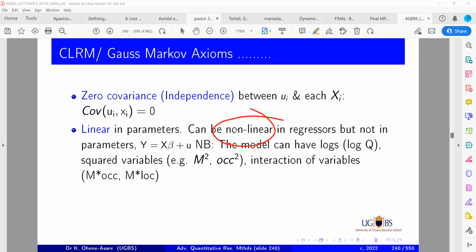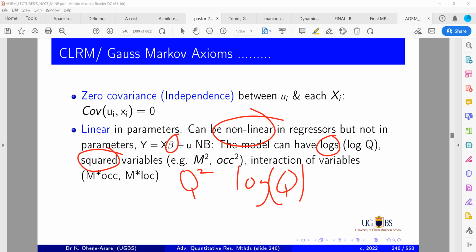But the beta parameters, because there's a beta that defines the slope of each regressor, must be linear. But please note, when you have a linear relationship, it doesn't mean that you cannot include logarithms. You can include logarithms. Later on, you'll understand why we have to include logs. So the model can have logarithms, so you can have the log of K. You can also include squares, so you can have K squared.